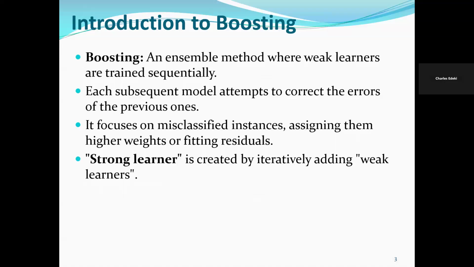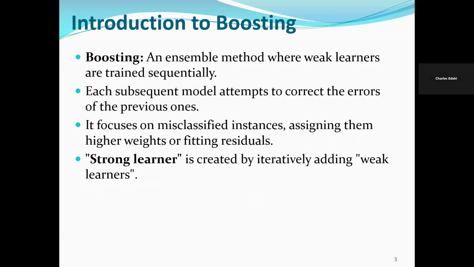Unlike bagging, boosting methods train learners, or I'll use the term weak learners, sequentially.